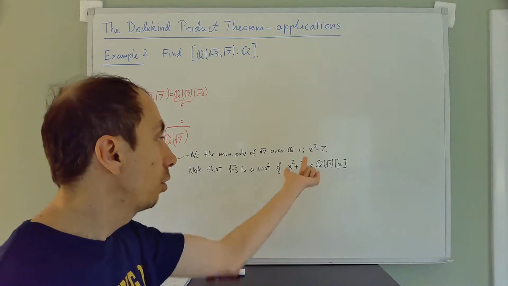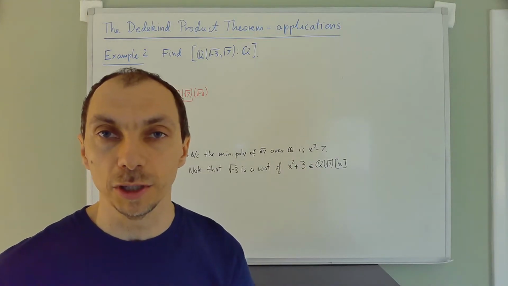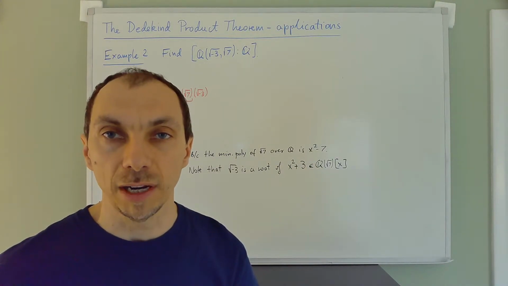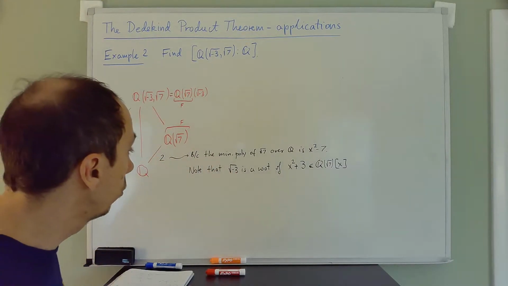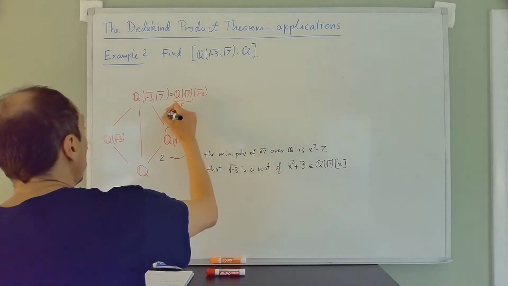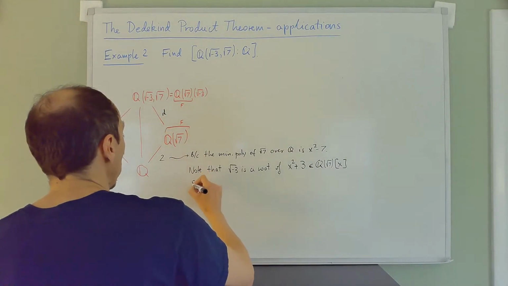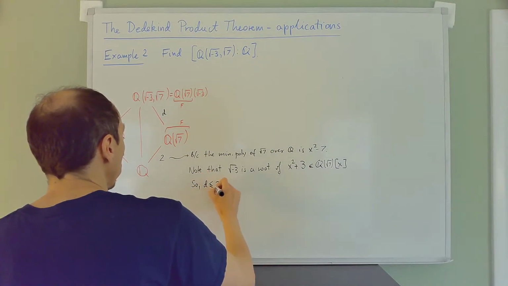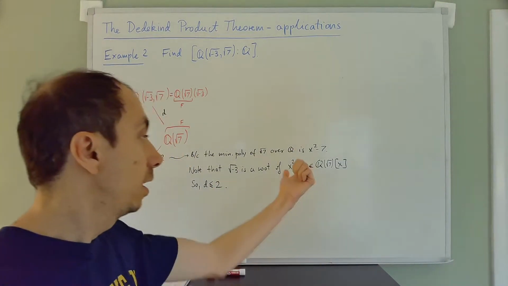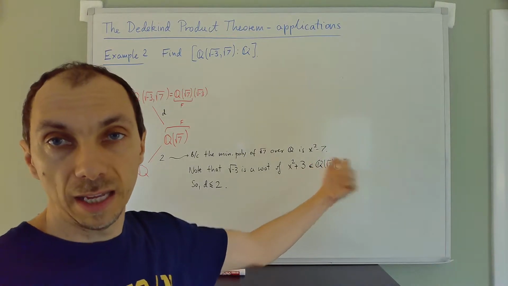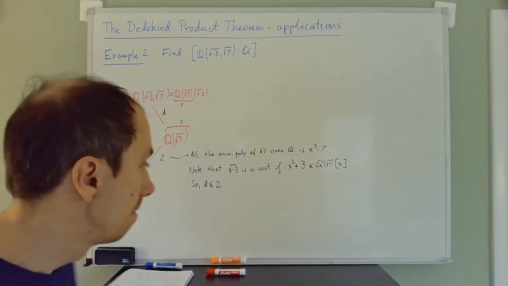But because I found a quadratic polynomial which has the right coefficients and is monic and has radical minus 3 as a root, that means the degree is less than or equal to 2. So if I call this degree d here, d is less than or equal to 2. The minimal polynomial is either this, so it's 2, or it's of degree less than that, so that would be 1.